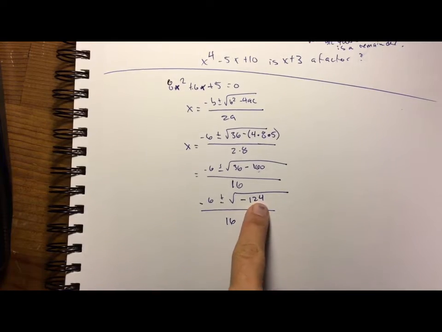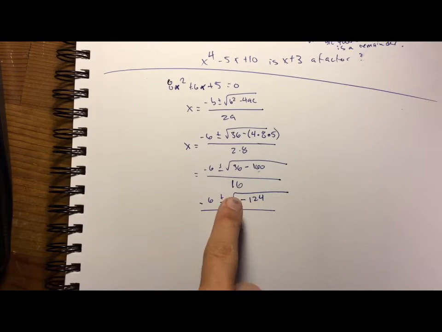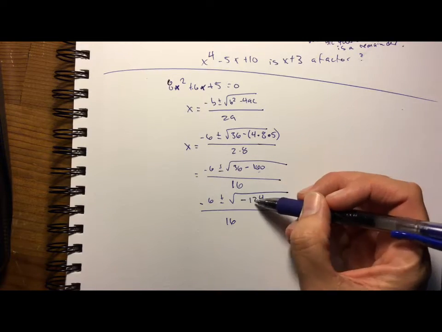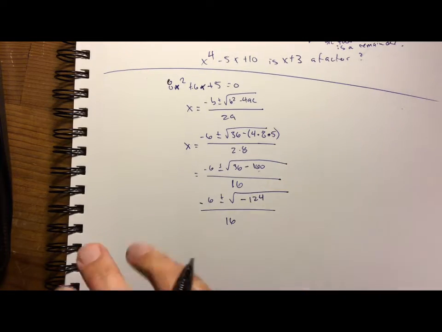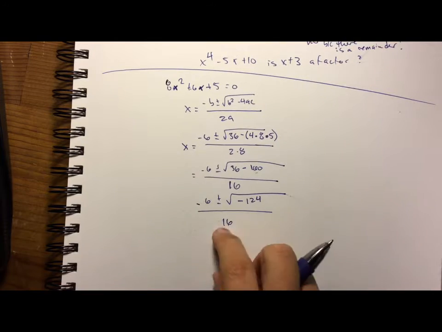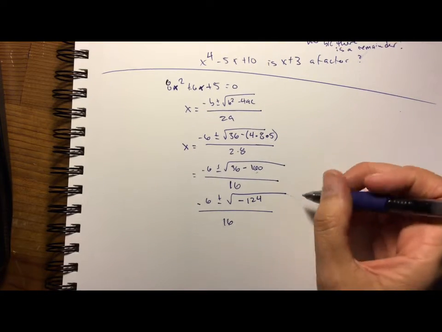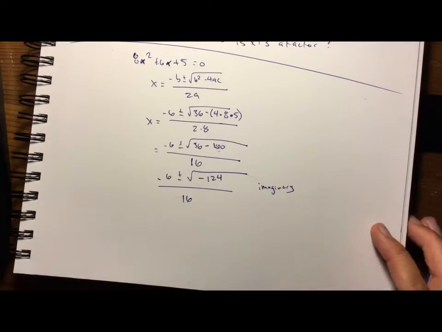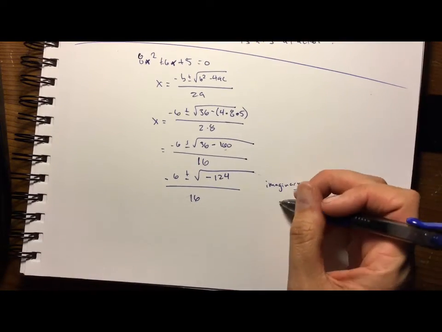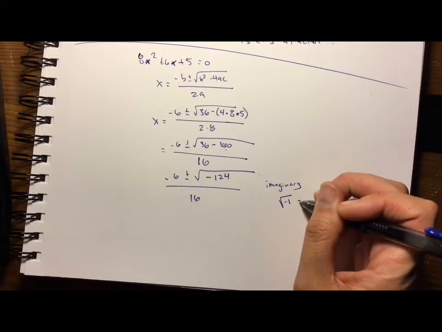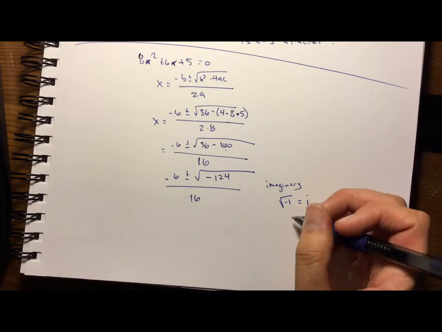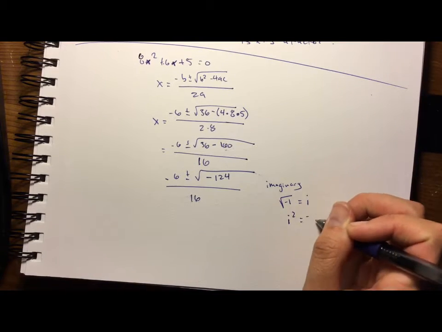Before, in Algebra 1 you looked at this and said, oh, I can't take the square root of a negative number, so this clearly is not possible. But in Algebra 2 we learned that you can use imaginary numbers, and we talked a little bit about what those were. Just in brief, the square root of -1 is given as i, and really it's that i squared equals -1.